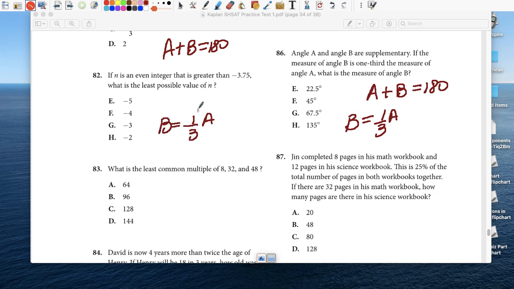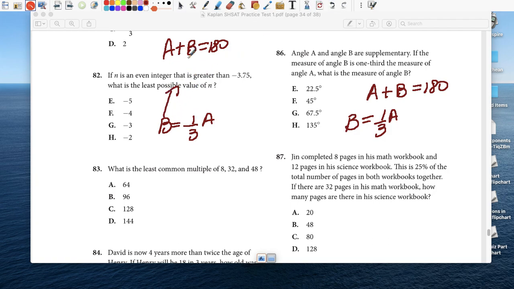And we have two variables here, but if you notice, I can rewrite, right? I know what B is. B is 1/3 of A, so I can replace this B over here with 1/3 of A. Right?